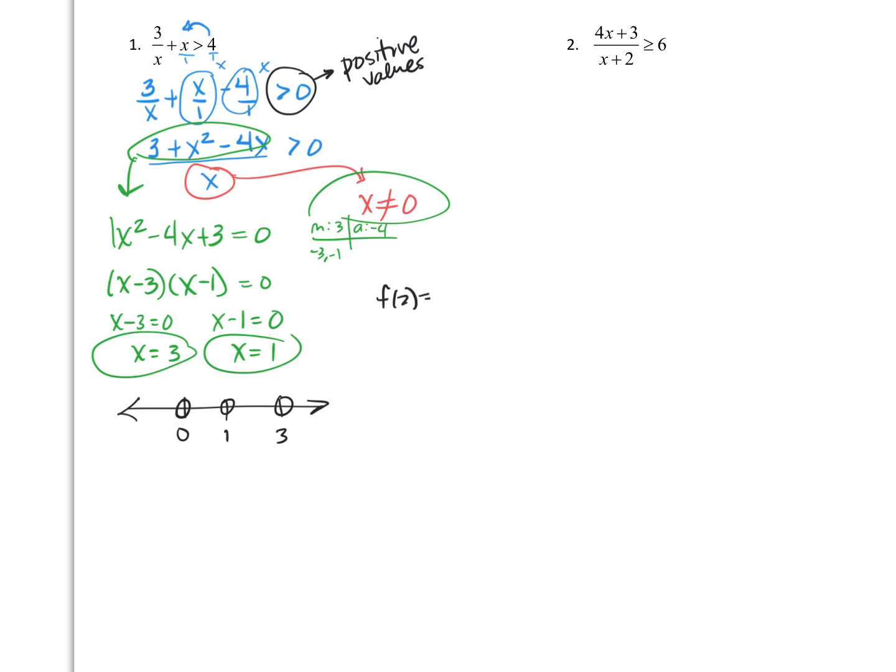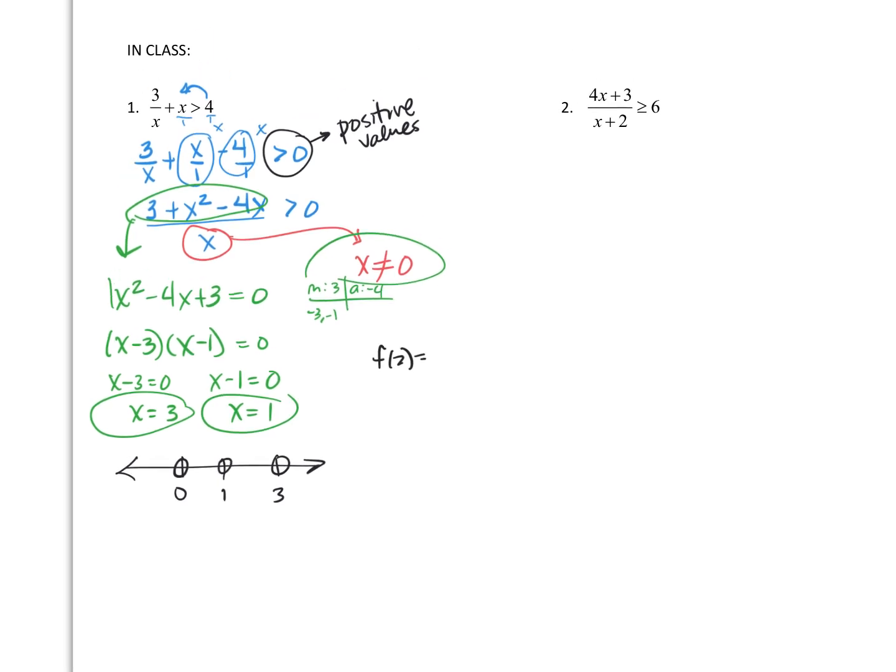f of 2. And what I'm going to do is plug it into the original equation, or you can plug it in right here where you've gotten the common denominator. That's sometimes easier. Okay? When I do that, I get 3 plus 2 squared minus 4 times 2, over 2. So if we algebra this out, plus 4 minus 8 over 2, negative 1 over 2, right?